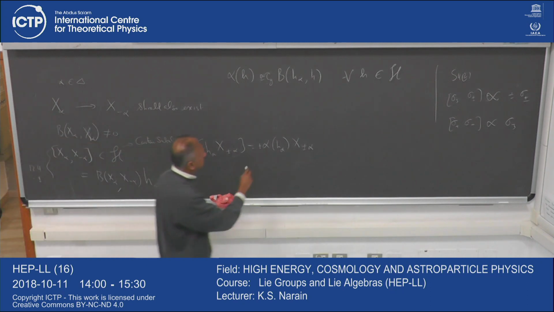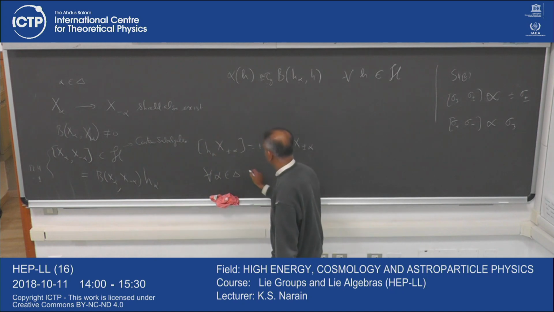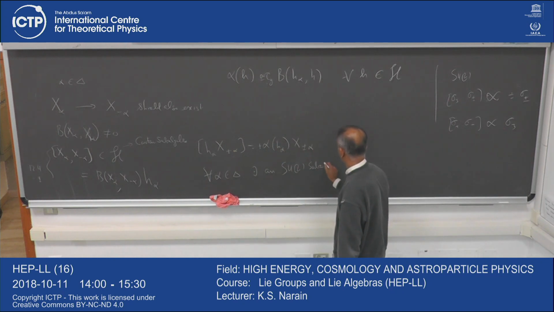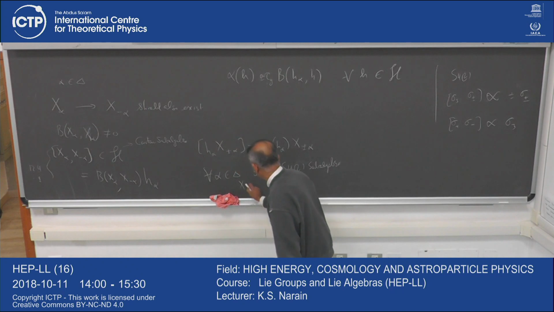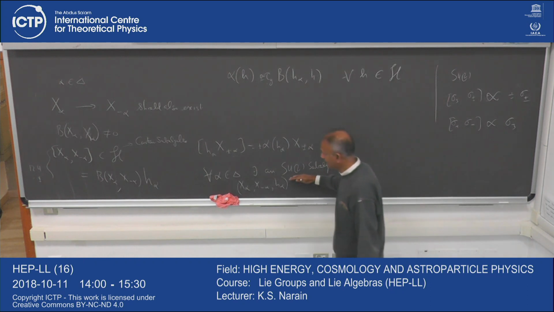So from this we conclude that for every alpha belonging to delta there is an SU2 subalgebra, generated by x_alpha, x_minus_alpha, and H_alpha.